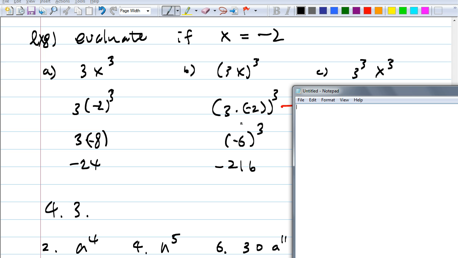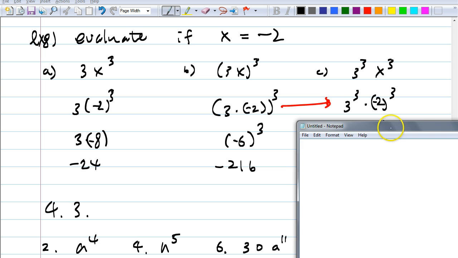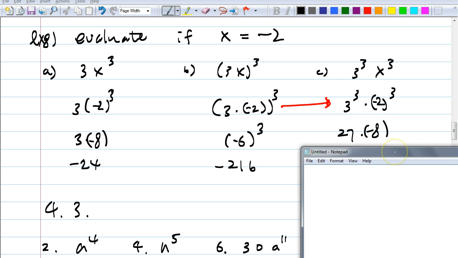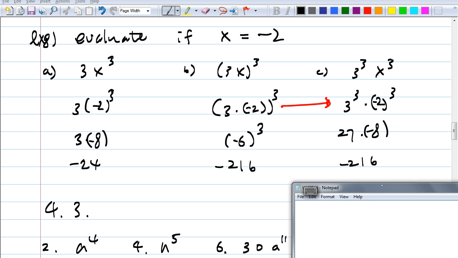Good. Gianni, can you tell me how to do C? I got 3 cubed times, in parentheses, negative 2 cubed, then 27 times negative 8, and negative 216. That's right. Hey, we got the same answer as B and C. Does anybody know why we get the same answer? Allie? Because you're pretty much doing the same thing. Yeah, why?